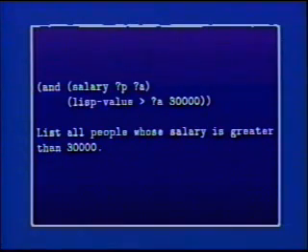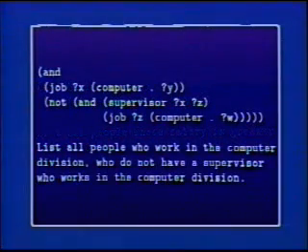Okay. Or here's a more complicated one. Tell me all the people who work in the computer division who do not have a supervisor who works in the computer division. All right? And X works in the computer division. The job of X is computer.y.